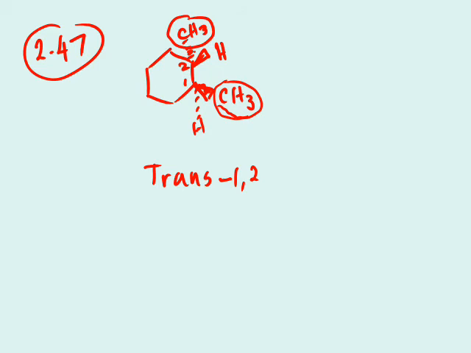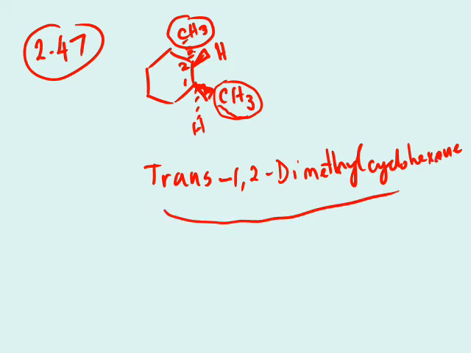Between two numbers there will always be a comma, and between number and letter there should be a dash. We have two methyl groups, so I must call it dimethyl cyclohexane. Okay, so that's the name of this compound.